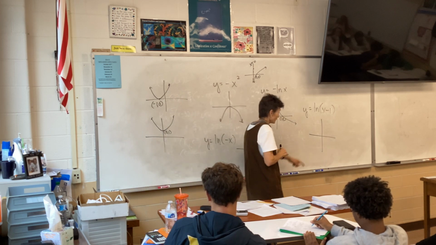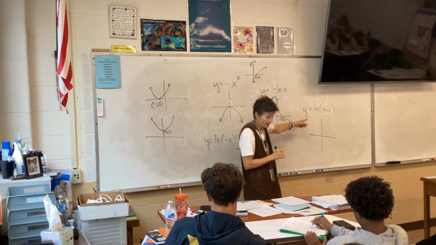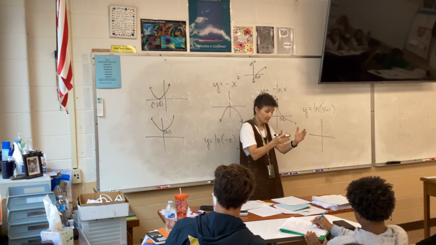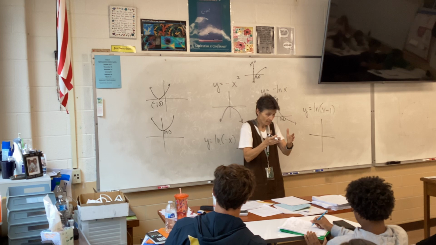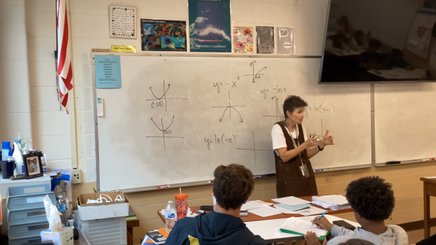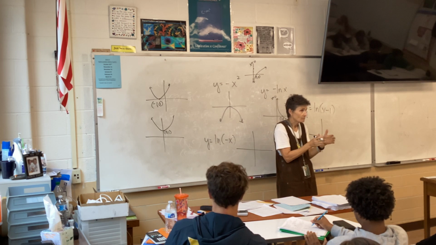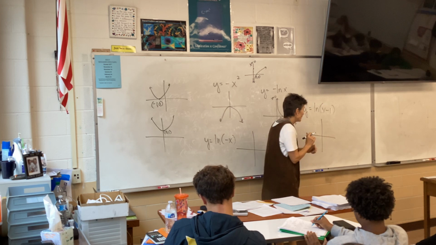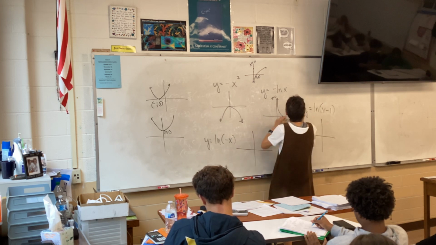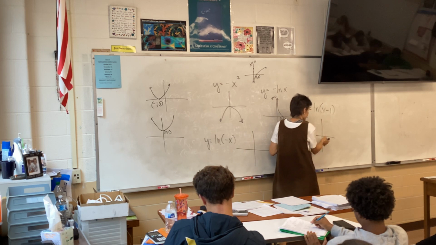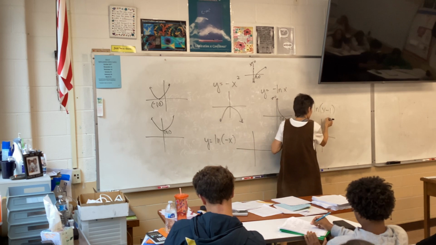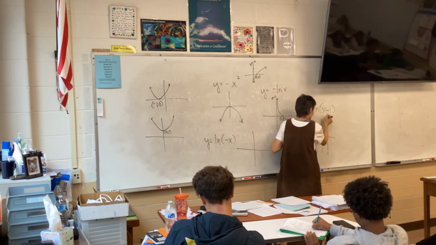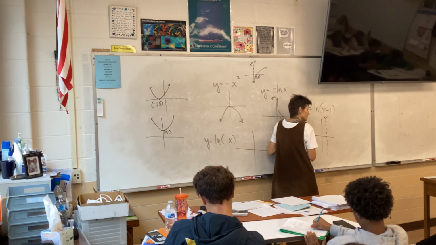All right, what about this one? This one next. Moving to the right. Pick it, cut it out, pick it up, move it 1 unit to the right. So, go back to the original picture. That asymptote was originally at 0. Now that asymptote is at 1.